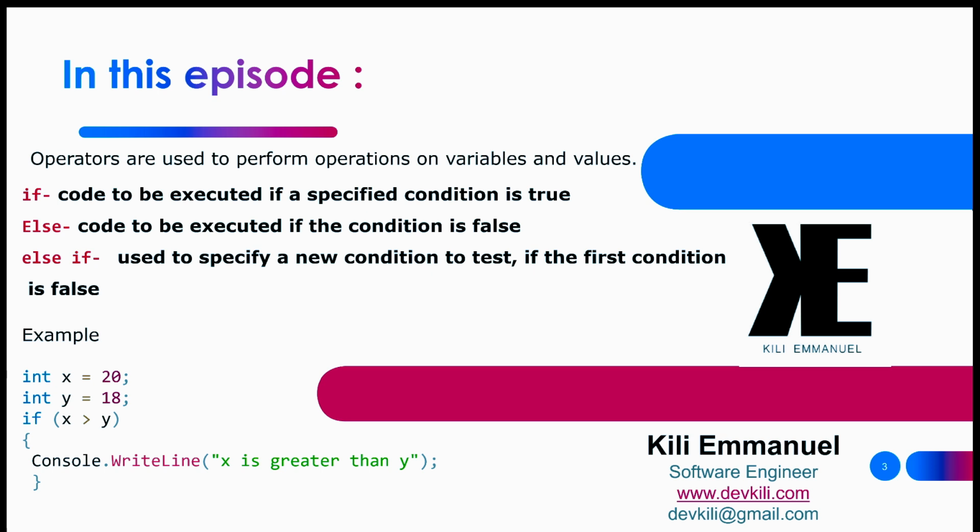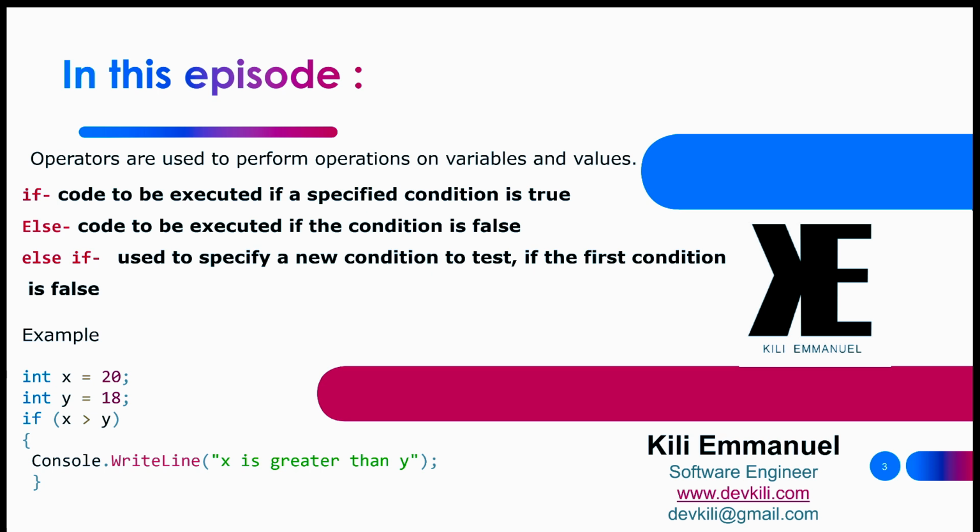In C#, if you want to check a condition, you'll use if statement. And if that condition is true, the code inside the block will be executed. And if the condition is false, it will go to the next block, whether it's else if or the final else. We'll look at that in practicals when we switch to Visual Studio.